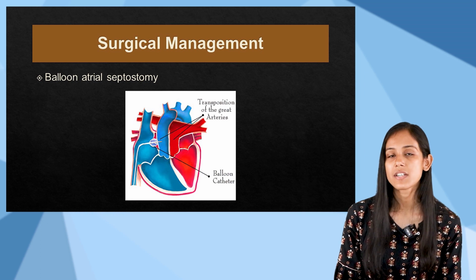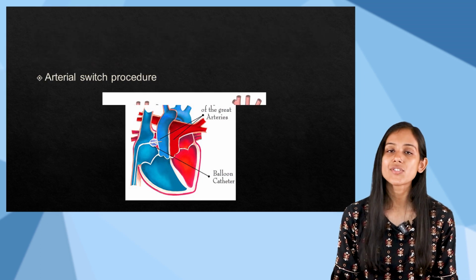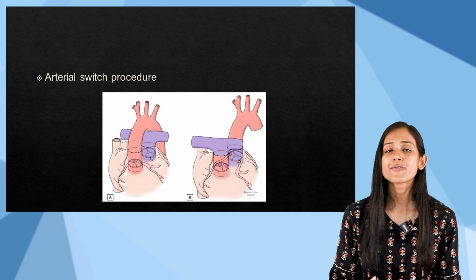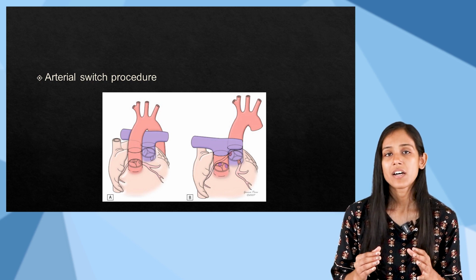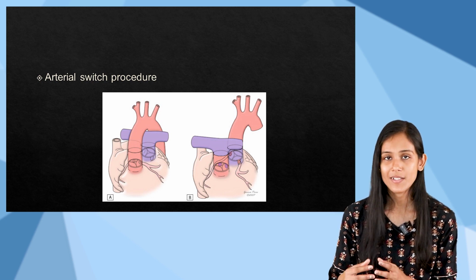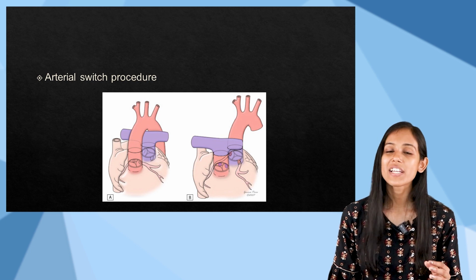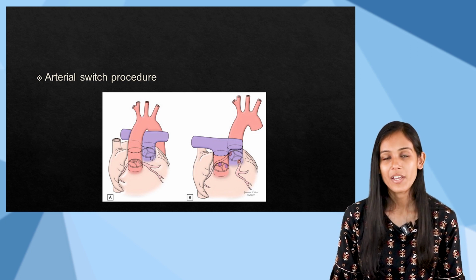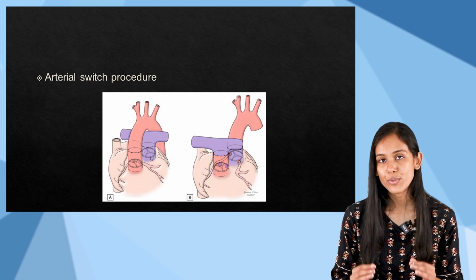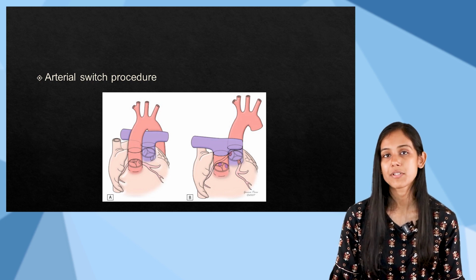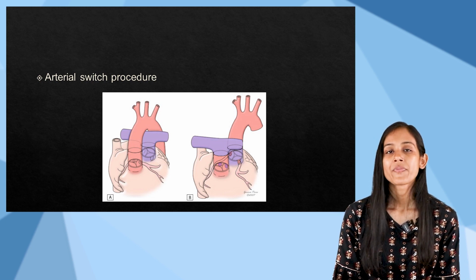And for permanent intervention, we have the atrial switch procedure, in which basically they put the aorta where it is supposed to be, and they put the pulmonary artery where that is supposed to be. So through this atrial switch procedure, they basically switch their positions again. Well, so these are the surgical interventions for transposition of great arteries.